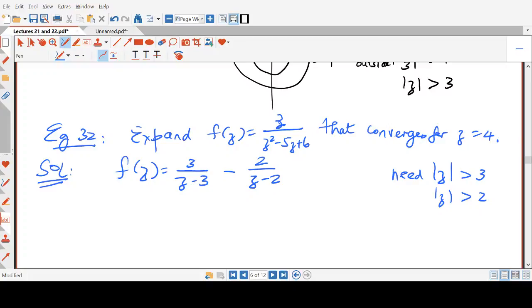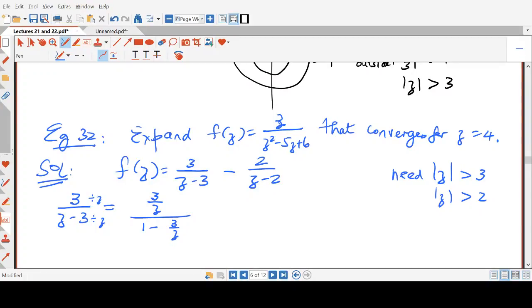So here comes the sinister maneuver. If you take 3 over z minus 3, divide the top and bottom by z. So you will have 3 over z all upon 1 minus 3 over z.